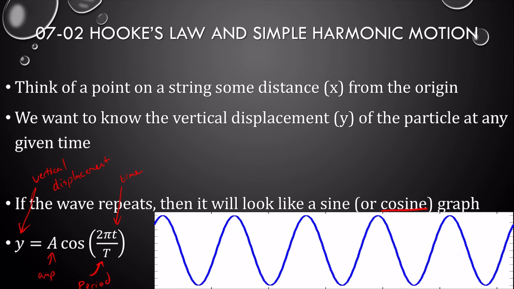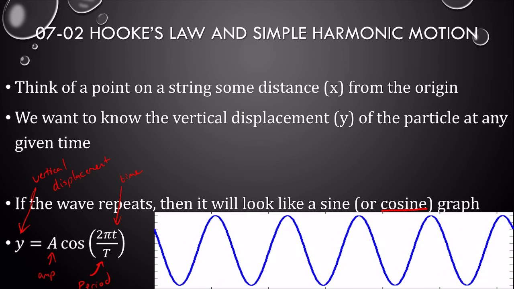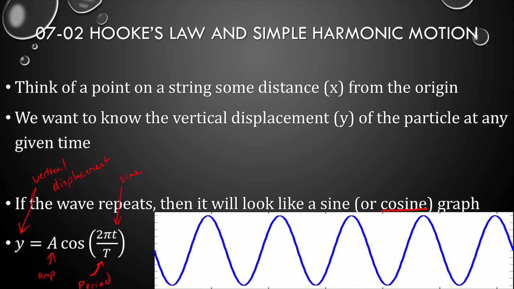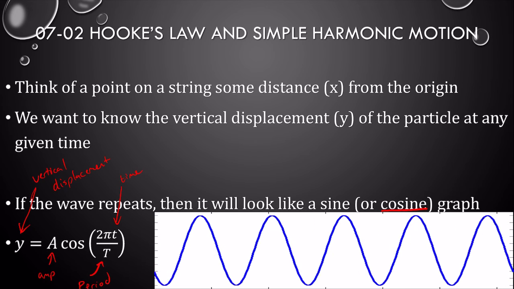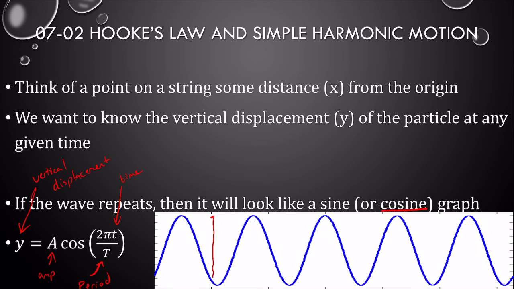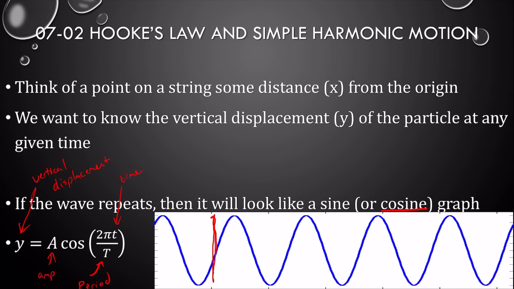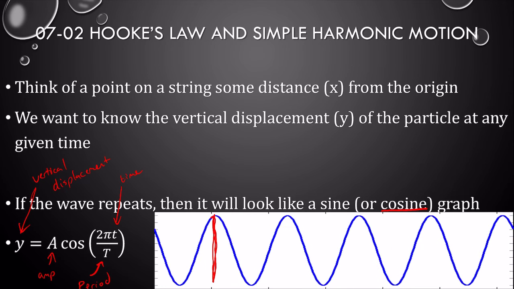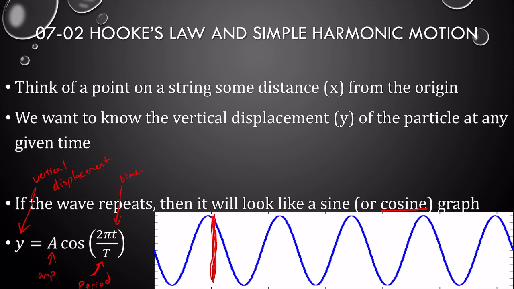The interesting thing here is if we pick a point on the graph and we don't move side to side, it'll just be bouncing straight up and down. So if I pick there, it just goes down and then back up, down and then back up, down and then back up.